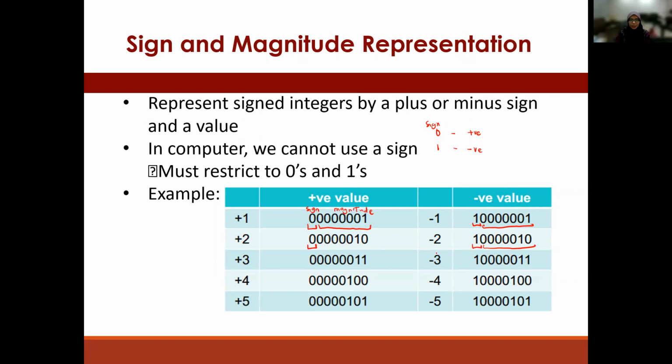Remember, the only difference is the sign bit. If the sign bit is 0, it is a positive number. If the sign bit is 1, it is a negative number.